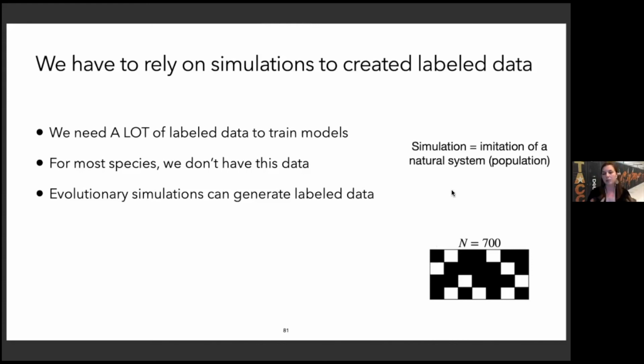And simulations are just imitations of a natural system. In this case, we pretend we have a population, and we reduce the population down to a simplified model, just to its essential elements, and then we generate data that we think would come from the basic imitation of that system.